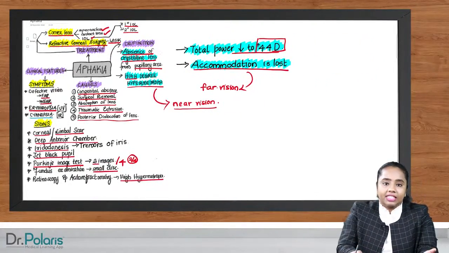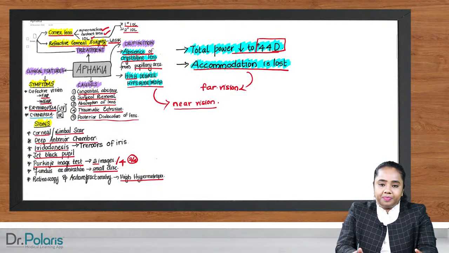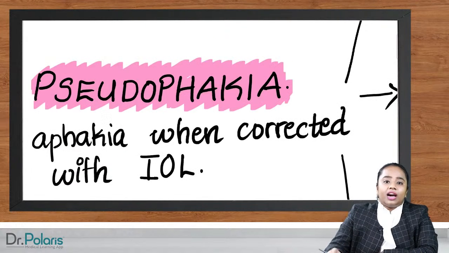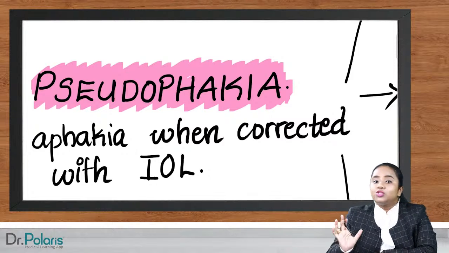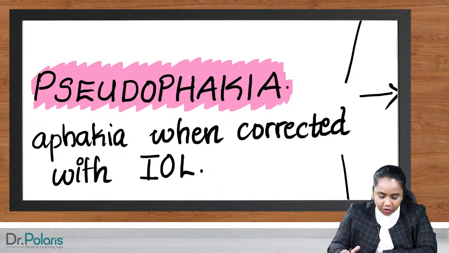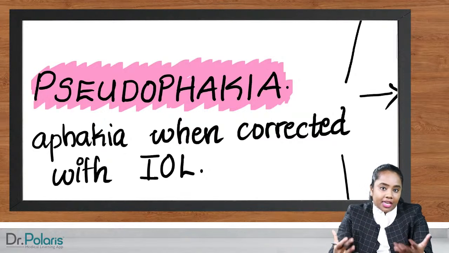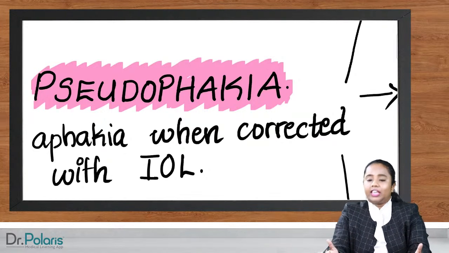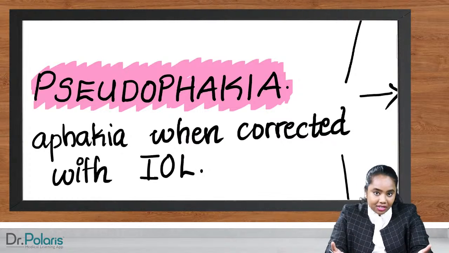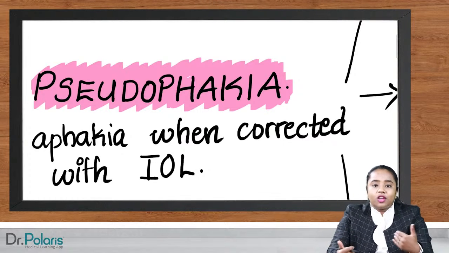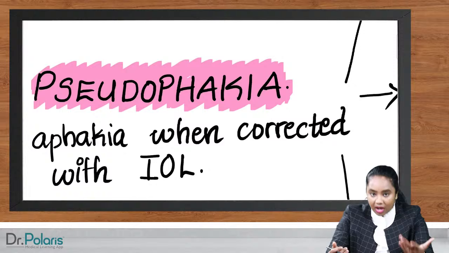So, in the next session, we will discuss pseudophakia. After aphakia, our next topic for discussion is pseudophakia. In pseudophakia, again the word itself tells you what it actually is. There is a lens here, but it's not a true lens, not the true crystalline lens of our eyes.